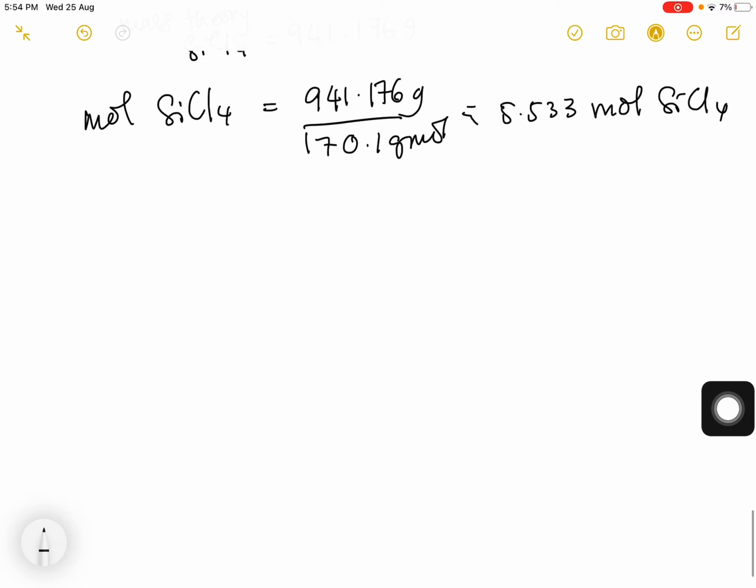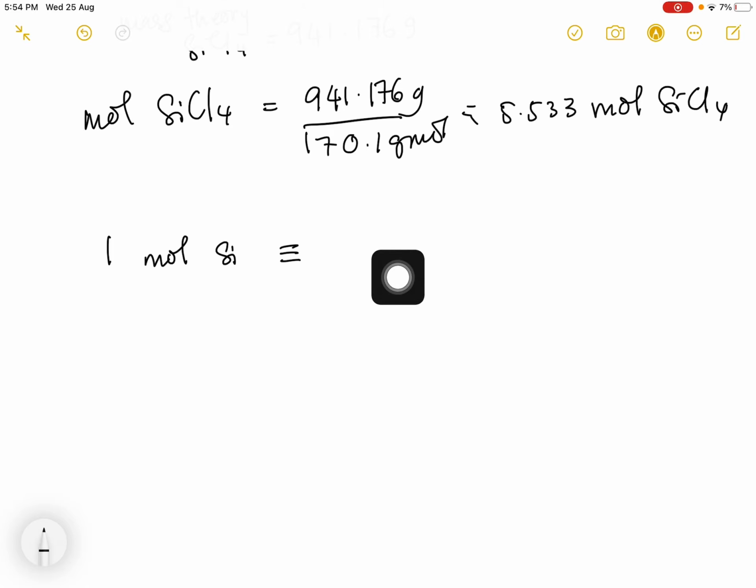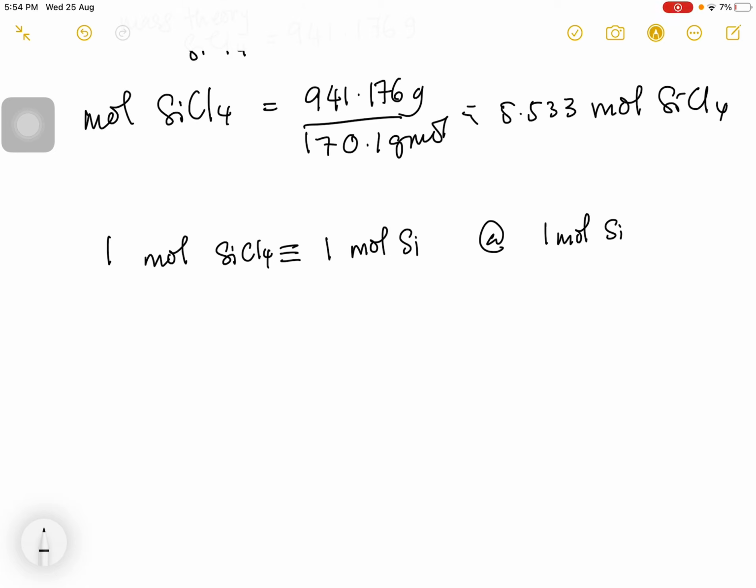From the balanced equation, you can start either from silicon tetrachloride to silicon, or silicon to silicon tetrachloride. 1 mole of SiCl4 is produced from 1 mole of silicon, or 1 mole of silicon will produce 1 mole of silicon tetrachloride. Either way is fine, it doesn't matter, because we are finding the same thing.